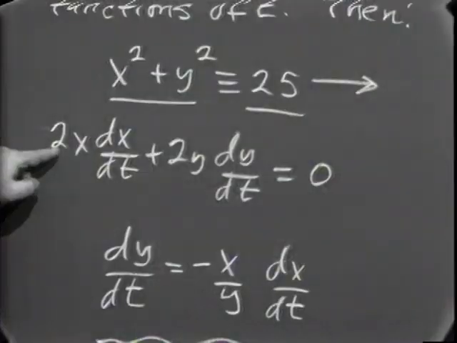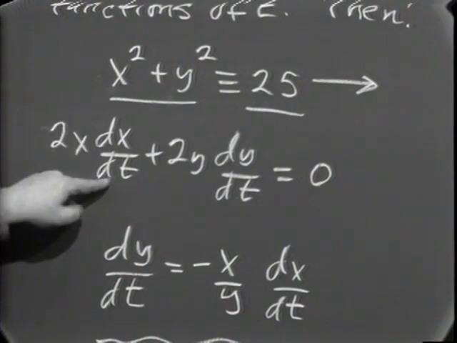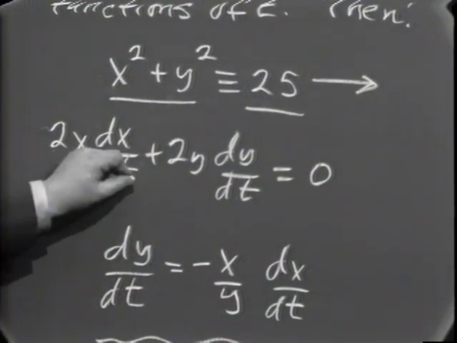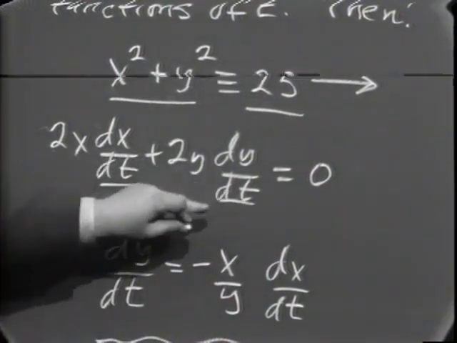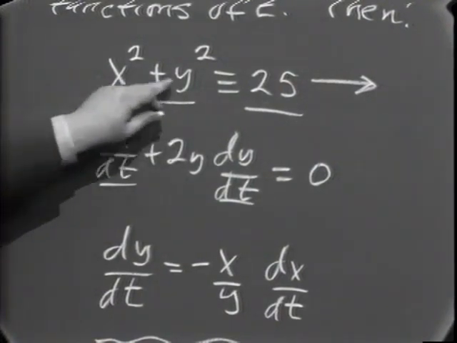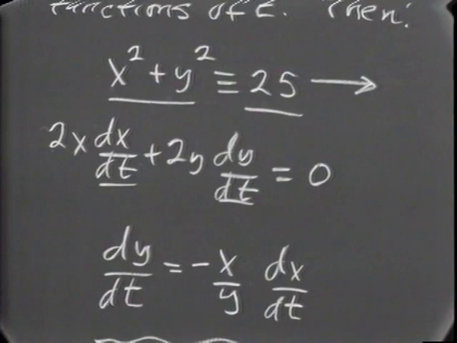If we do that, we get what? 2x dx/dt plus 2y dy/dt equals 0. The same principle as before, even though we're now differentiating implicitly, with what we could call parametric equations. We're assuming that x and y are differentiable functions of t.